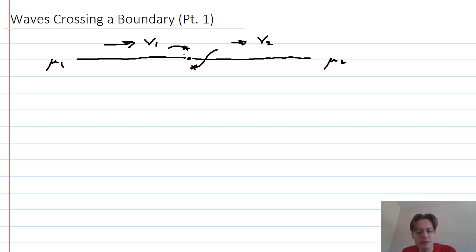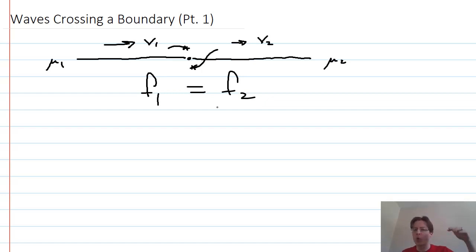So it's easy to argue in that way that for waves on a string, the frequency must be identical on both sides. f1 must equal f2. Otherwise, the string cannot be continuous across the boundary, right? And that's a general property of waves.